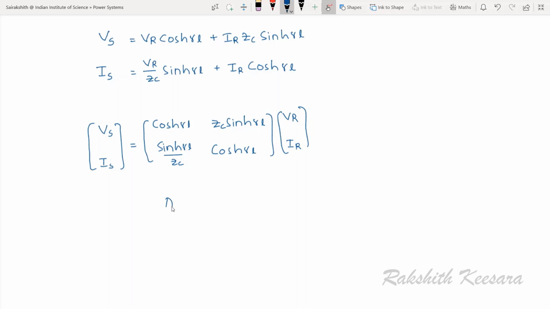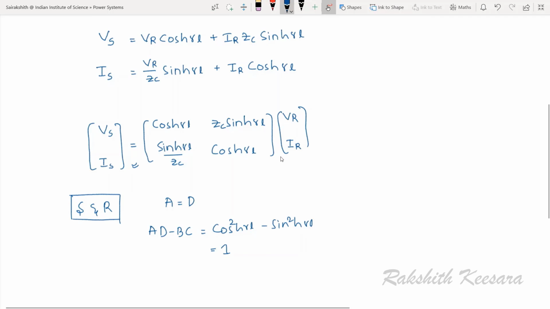If you see here, A is equal to D and AD minus BC is equal to cosh square gamma L minus sinh square gamma L, which is equal to 1. The ABCD parameters are both symmetric and reciprocal. They should be symmetric and reciprocal.